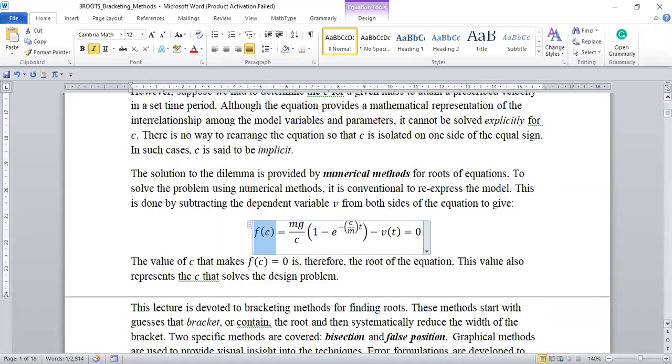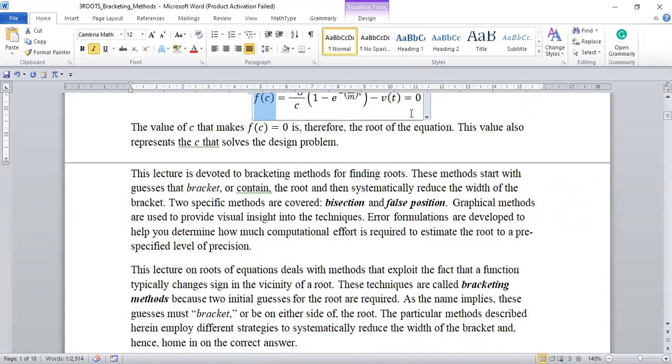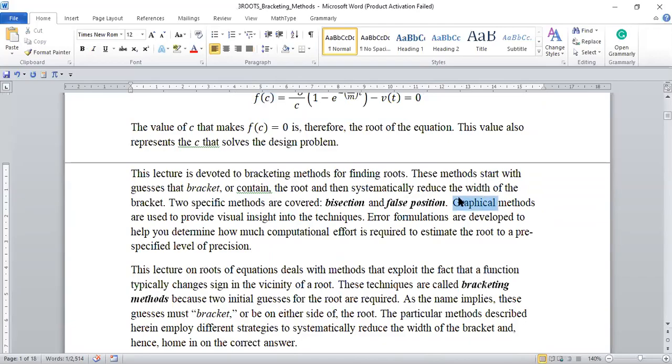To get the roots of the equation, there are lots of methods, but for this class, we are going to consider 3 methods. There's a graphical approach you can use, there is the bisection method, and there's the false position method to get the root of the equation numerically.